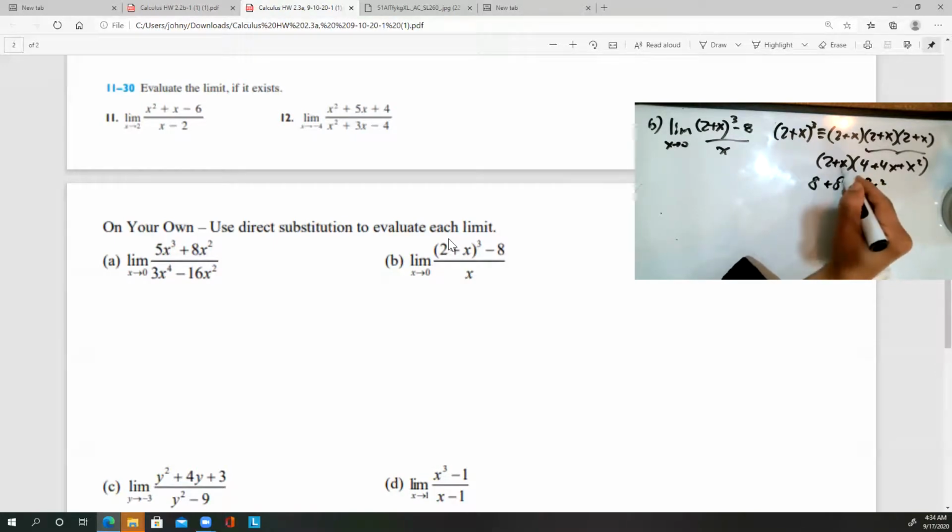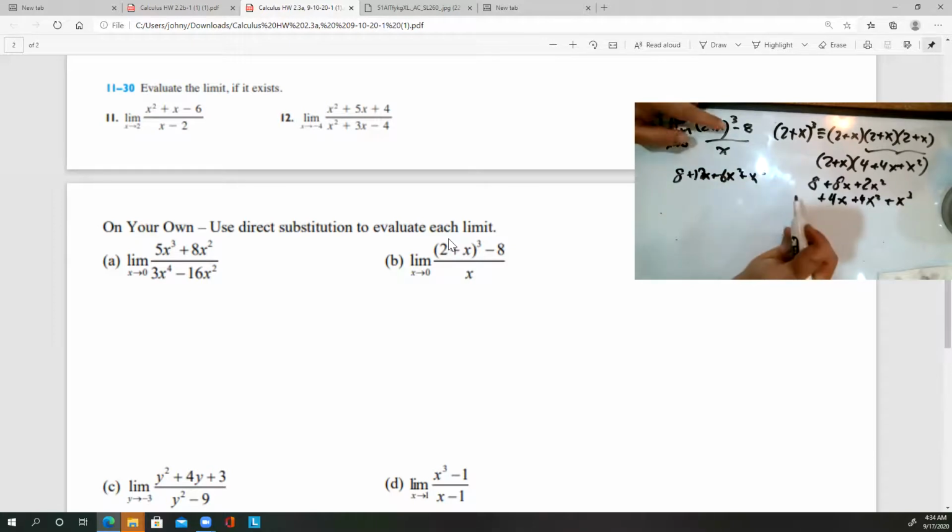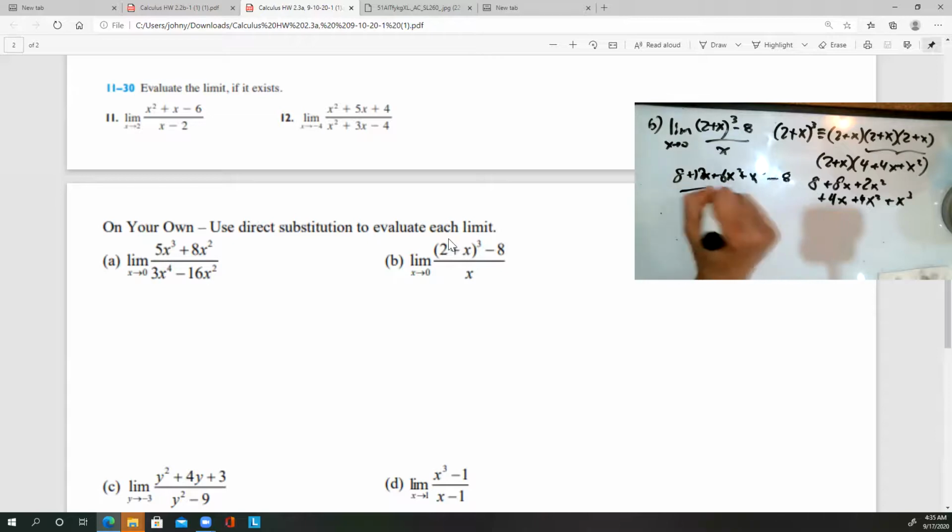Distribute this out. x times 4 is 4x. x times 4x is plus 4x squared. x times x squared is plus x cubed. That's going to be 8 plus 12x plus 6x squared plus x cubed minus 8 all over x.